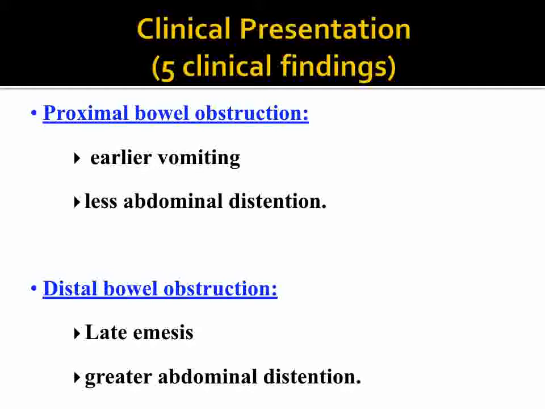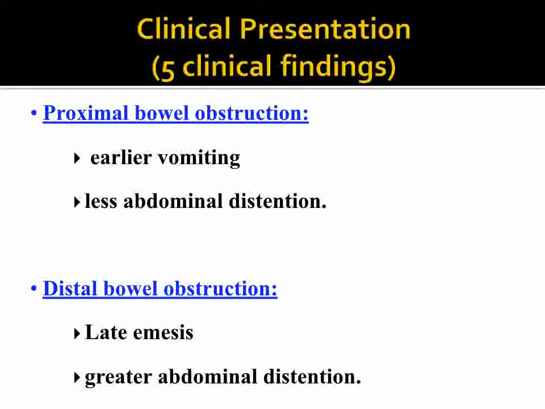Okay, this is very important because when the baby is presented clinically, we will take this into consideration. When a baby is presented on the first day of life with bilious vomiting and epigastric distension, or mild abdominal distension, we will think about a proximal obstruction, at the level of the duodenum or the upper jejunum.